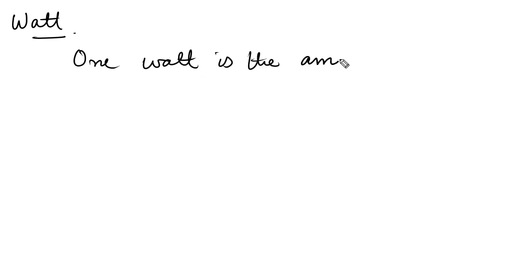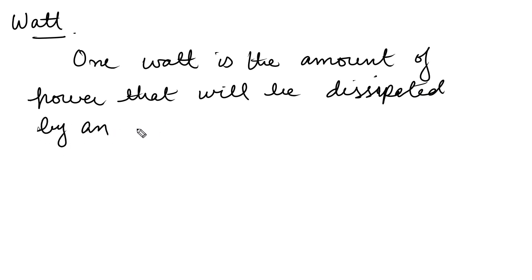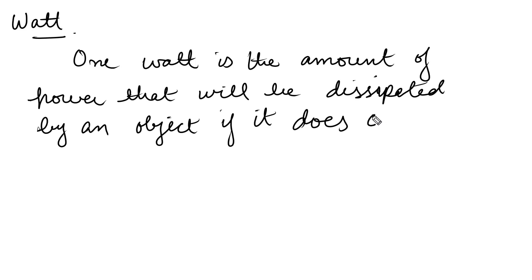So coming to the definition of watt, 1 watt is the amount of power that will be dissipated by an object if it does 1 joule of work done.